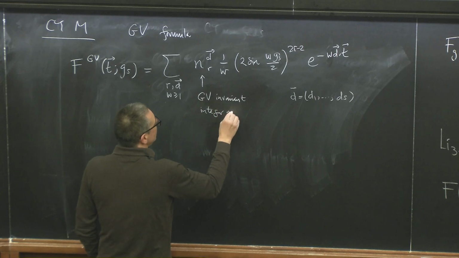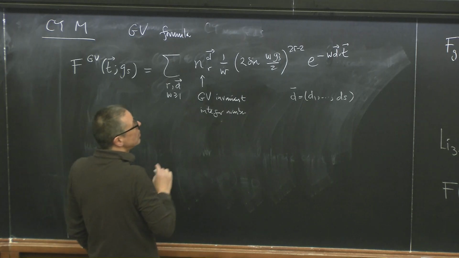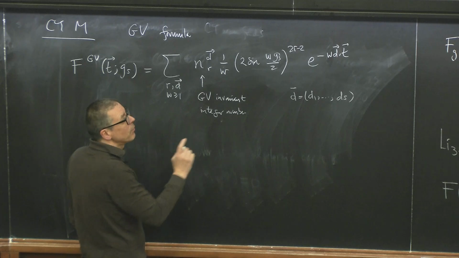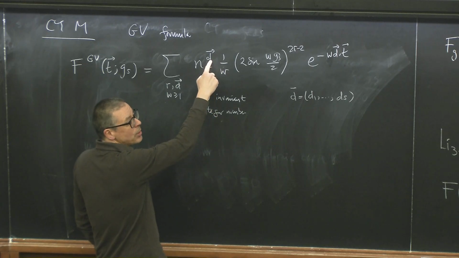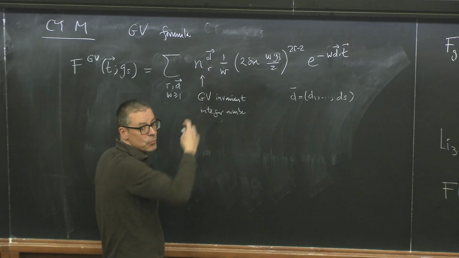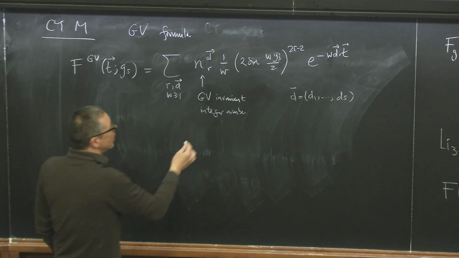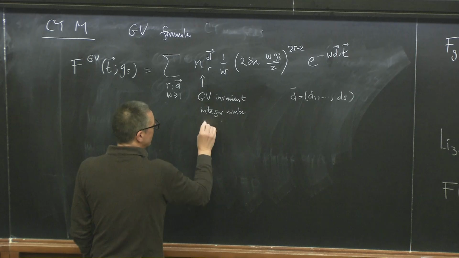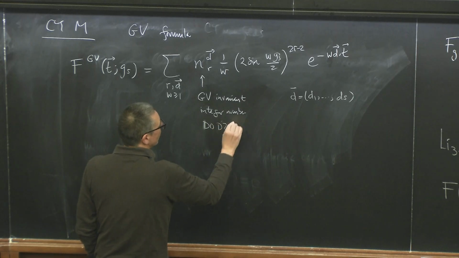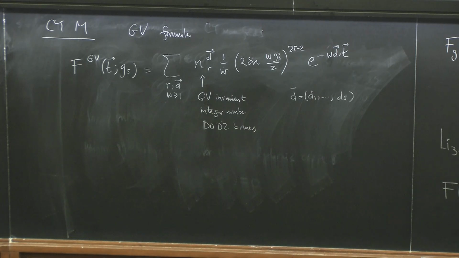And these Gopakumar-Vafa invariants count D0-D2 brane bound states in the homology class d and with a spin r. The r here, you have to understand as the spin of a particle in four dimensions. So these count D0-D2 branes. Now, in the resolved conifold, you can interpret this in terms of Gopakumar-Vafa.